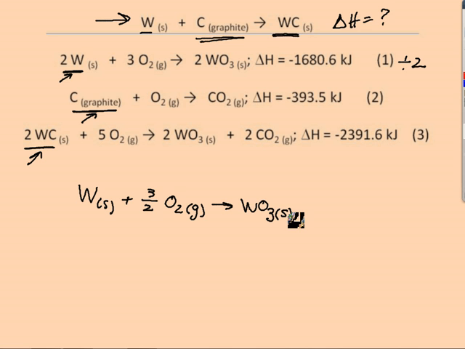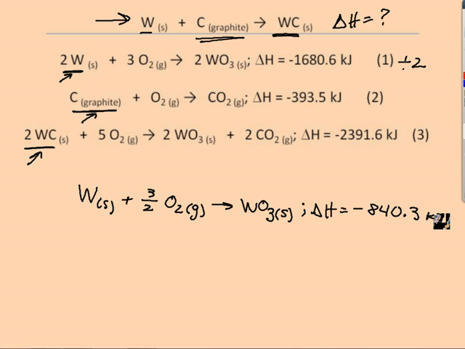Again, I simply divided all the coefficients by 2. And as we know, delta H can also be divided by 2. It's still negative because we didn't flip the equation, but it's now going to be negative 840.3 kilojoules. Why? Again, because we cut the equation in half.